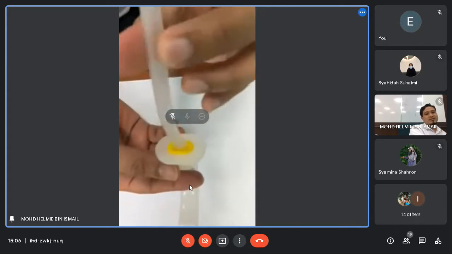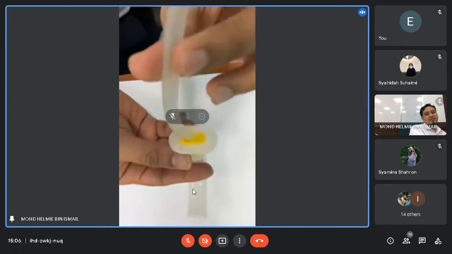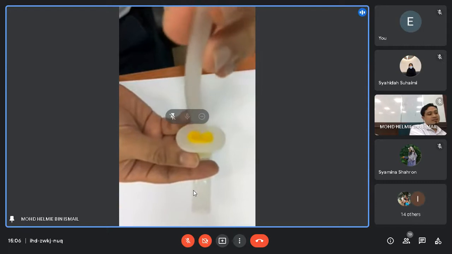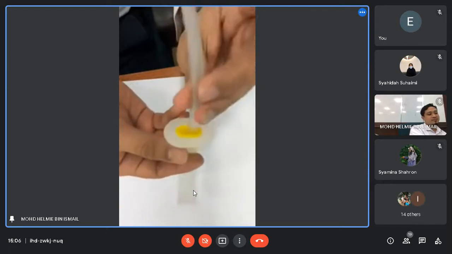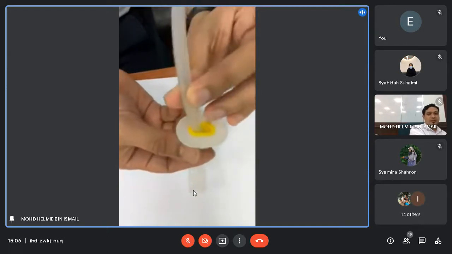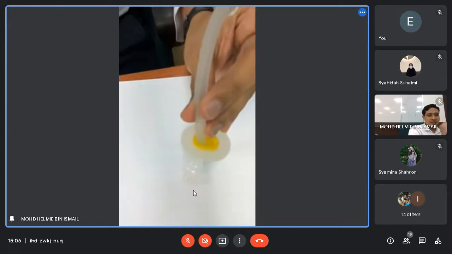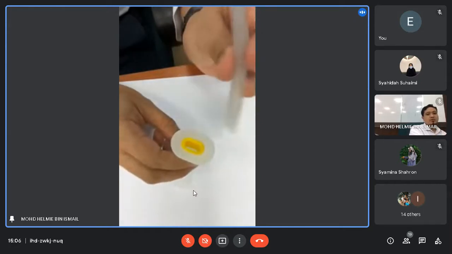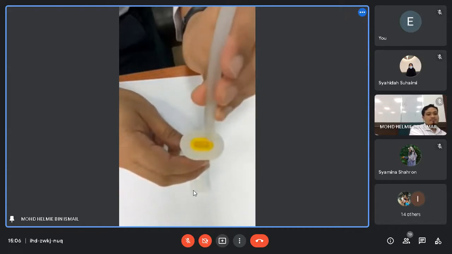And then you rotate clockwise and anti-clockwise. You insert gently, be gentle. If you have a restriction or limitation, you need to change to another nostril. Make sure you change.